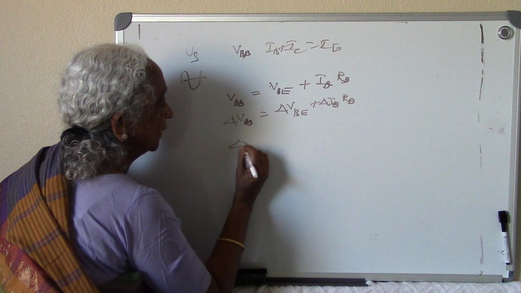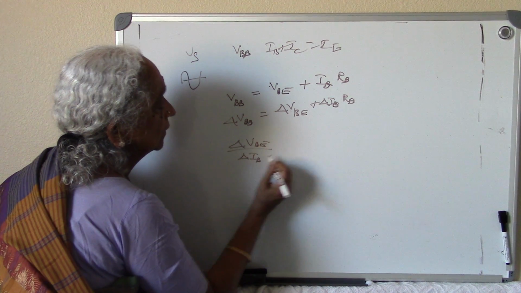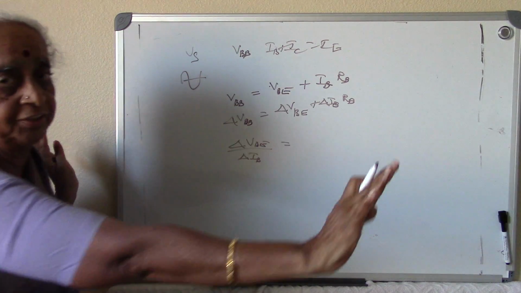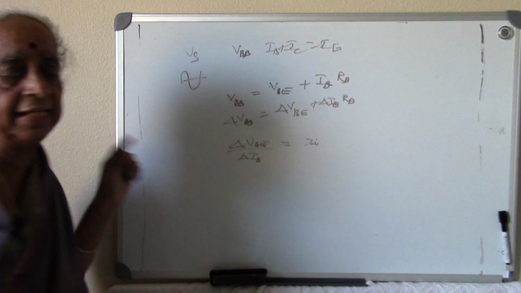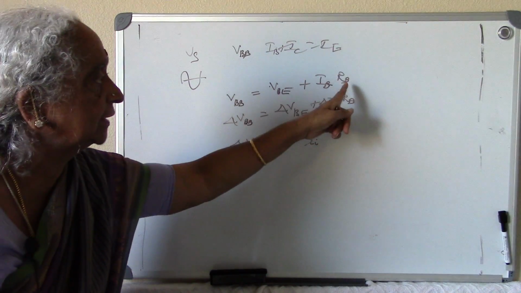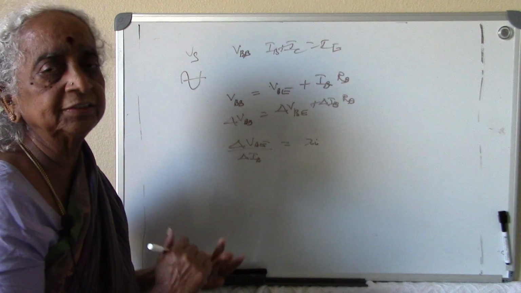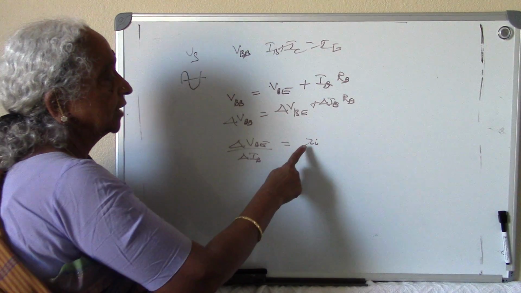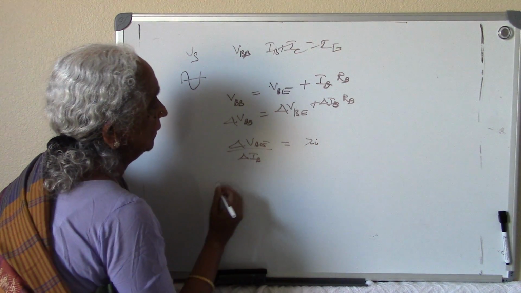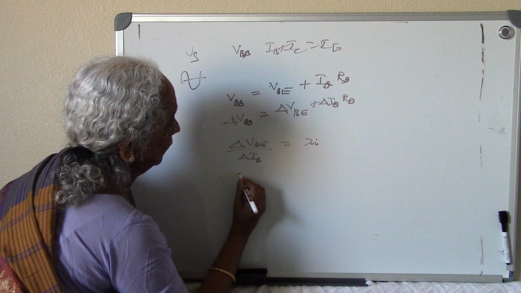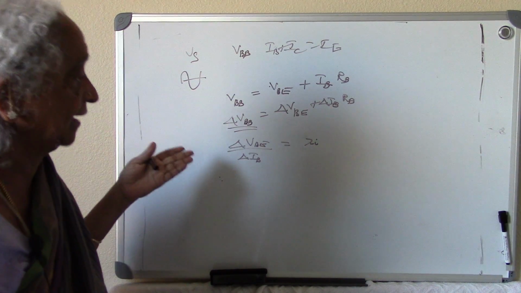Now we know delta VBE by delta IB, for a constant VCE, we are not going to change the VCE there, is equal to RI, the input impedance inherent in the transistor, not that which is externally connected. More or less, because we are taking the sloping region, you can take it to be a constant, RI.